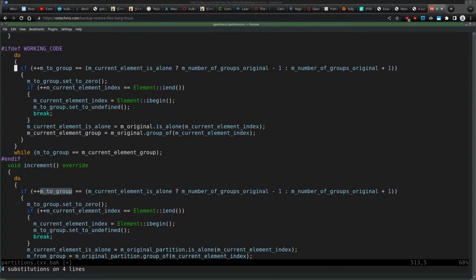So now we get: if to group equals element is alone, groups of original -1, groups of original is a +1, to groups set to 0, equals end, and index group set to undefined, break. Original was apparently renamed to original partition. I can also do that.